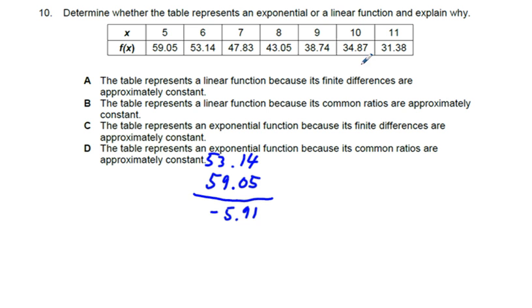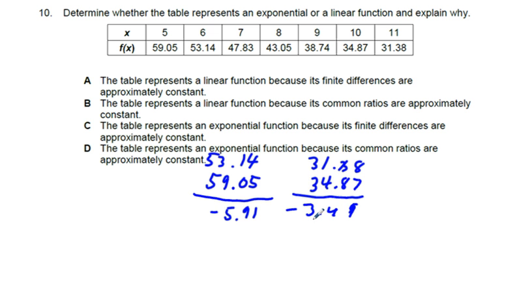And we can try this one here at the end. 34.87, subtract out, we've got to go the other way. That's going to be 3.4 minus about 3.49 or something like that.